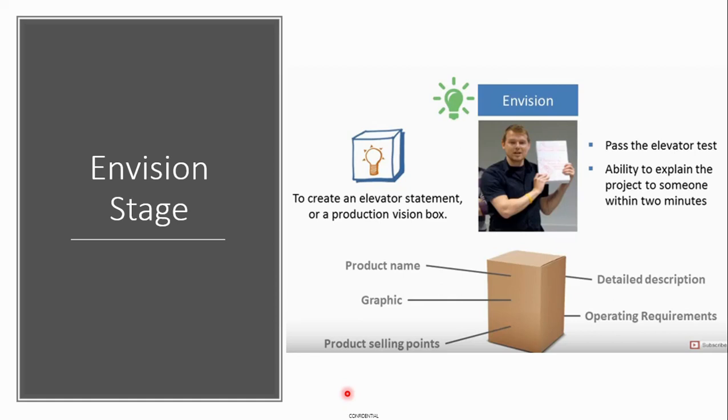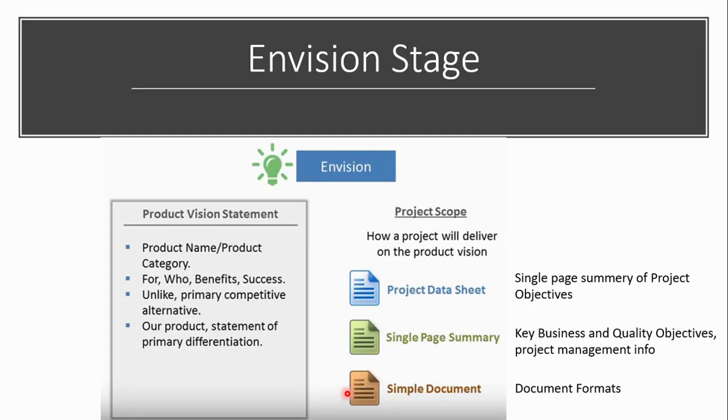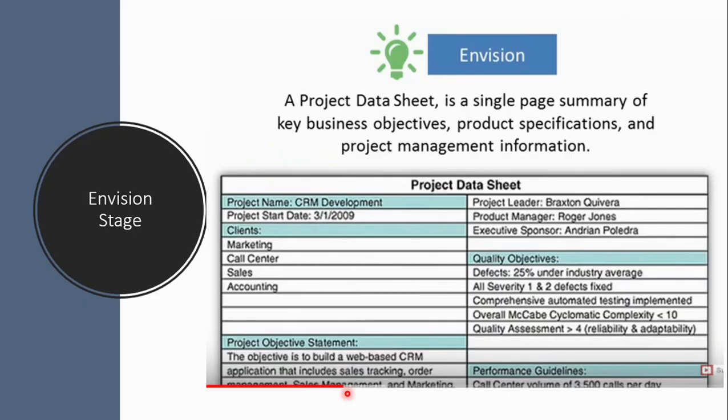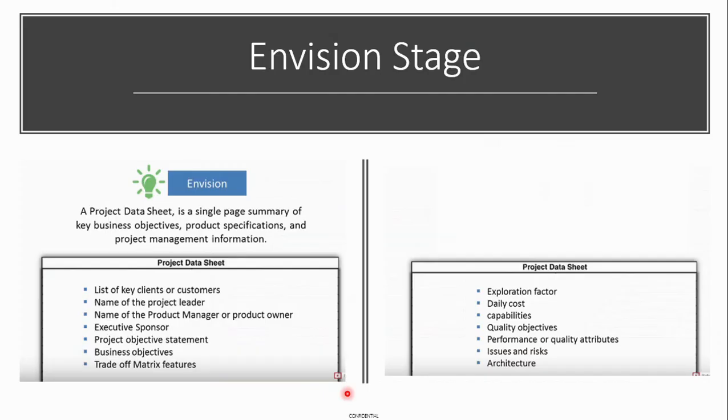And if you go into details, it's something like the project charter. It will identify your leader, who your product manager is, who your sponsor is, what your quality objectives are, and who the other stakeholders of your project are. If you go into more detail, it's almost similar: who are your key customers, who is the project leader, who is the manager from the business side who is going to handle the project, and who is the executive sponsor on the other side.